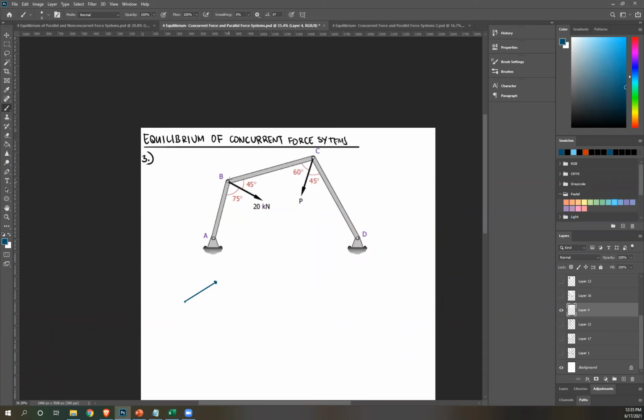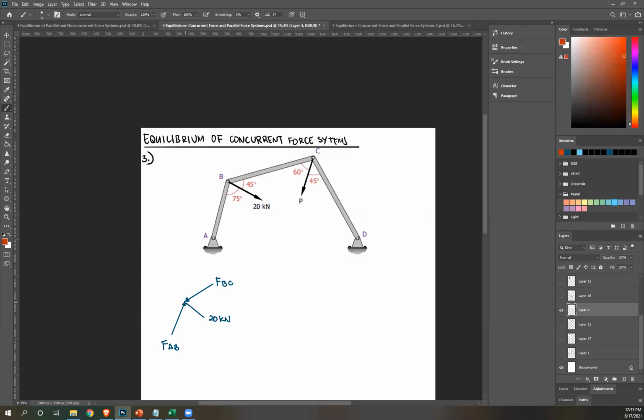Let's call this force for member BC. There's an external force here, 20 kilonewton, and then there's another force here from AB. I'm gonna assume these forces are in compression. Again, these are just assumptions.